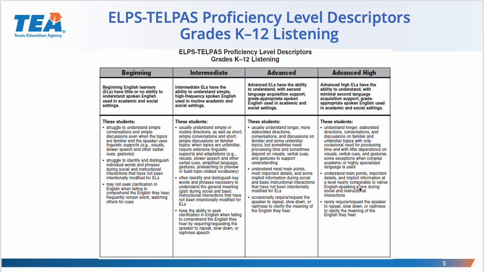They would not really ask for any clarification. They're going to be able to keep up. And if they need any support at all, it might be one thing that other gen ed kids don't need. So that's listening. Any questions so far?